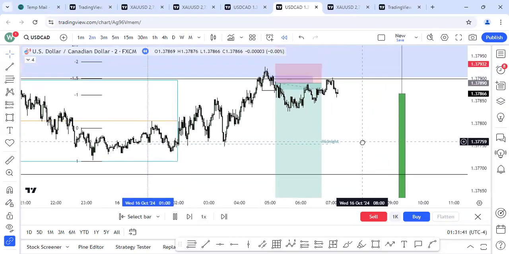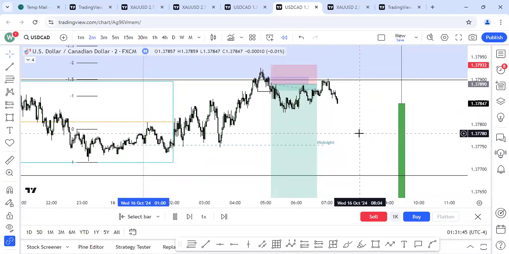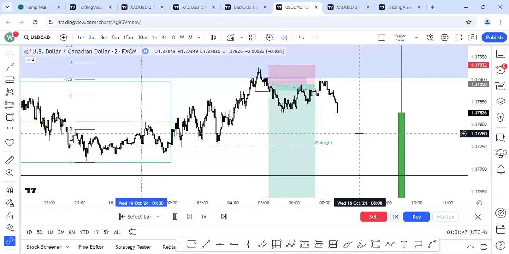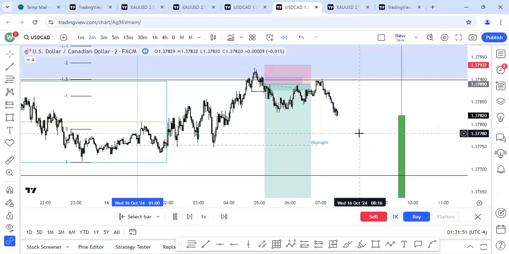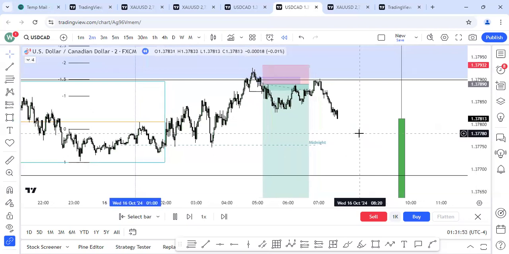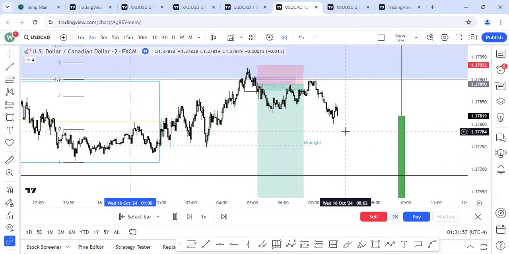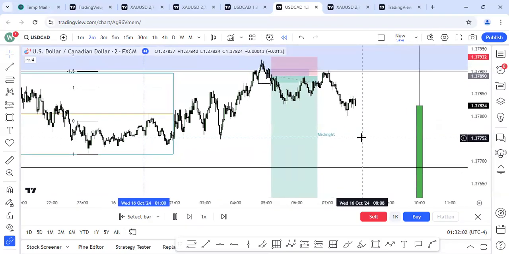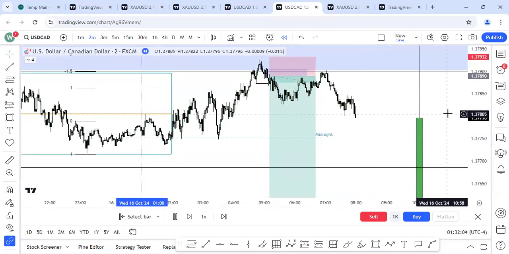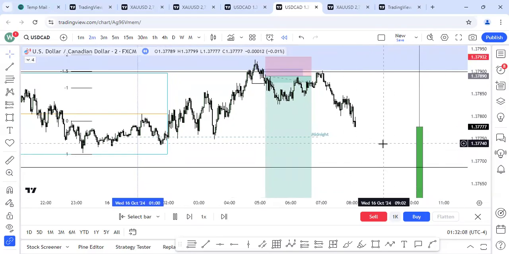We are selling above weekly open, which makes our trade more accurate, which makes it a high probability trade. So we are in the correct direction. This is a setup, okay? Or you can also call it an A plus setup.